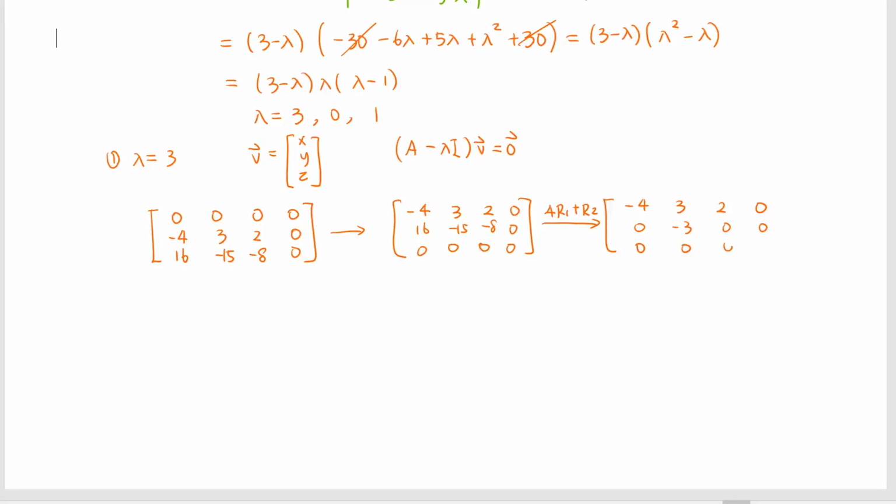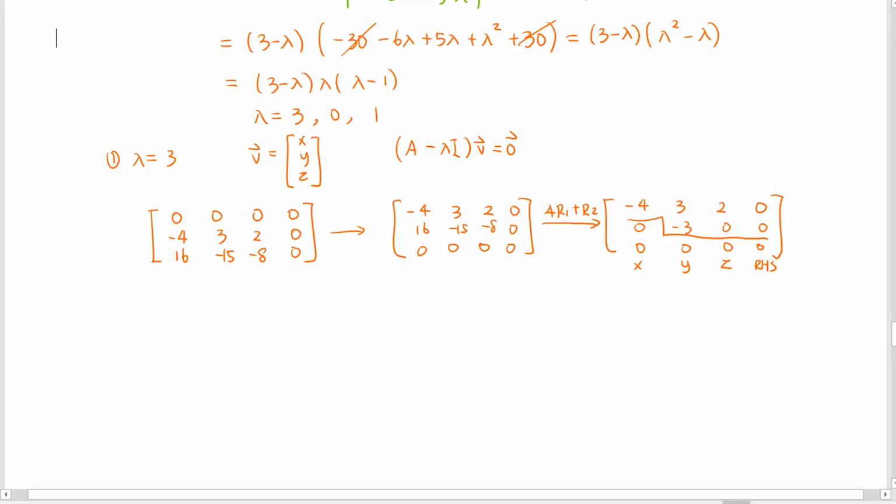Oh, okay. So we get echelon form. This is x, this is y, this is z, this is the right-hand side. What does the second row tell us? Minus 3y equals 0. So y is 0.